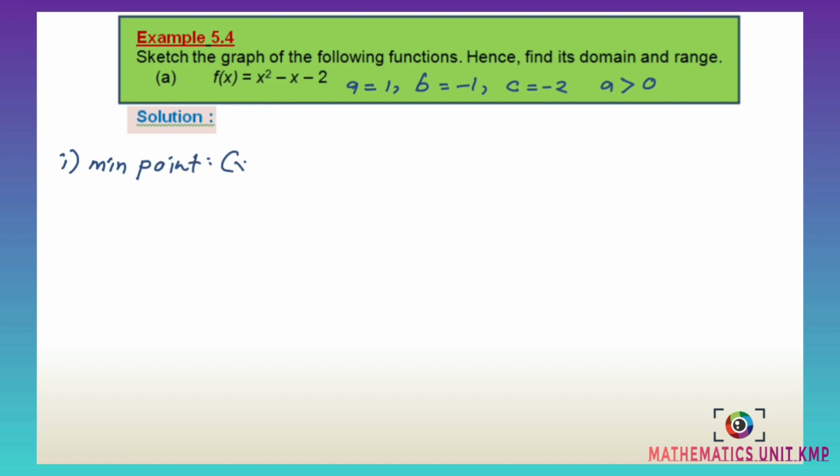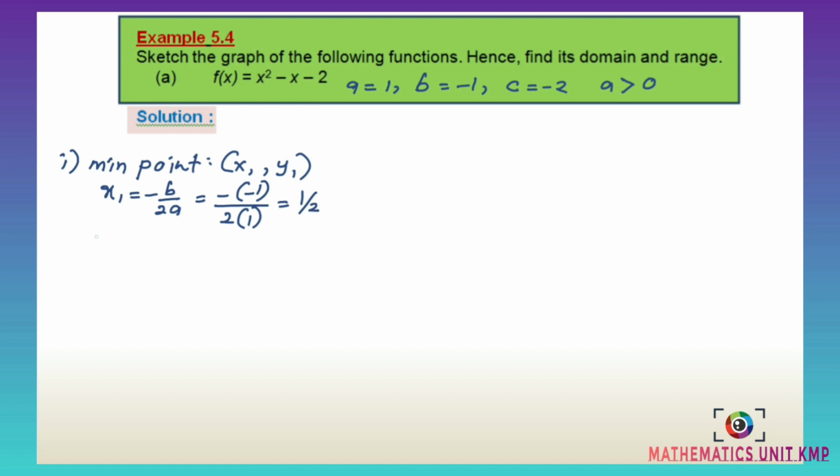We state x1 and y1. How to find the value of x1? It is from the symmetrical line, negative b over 2a, equal to negative times negative 1 over 2 times 1, equal to 1 over 2.